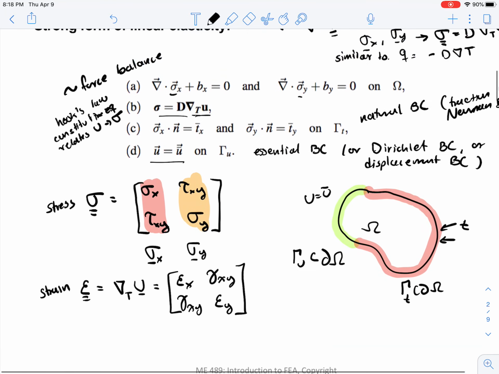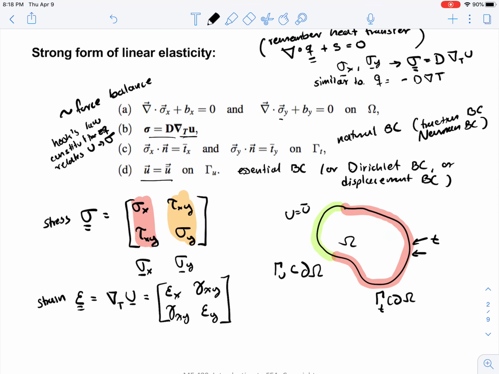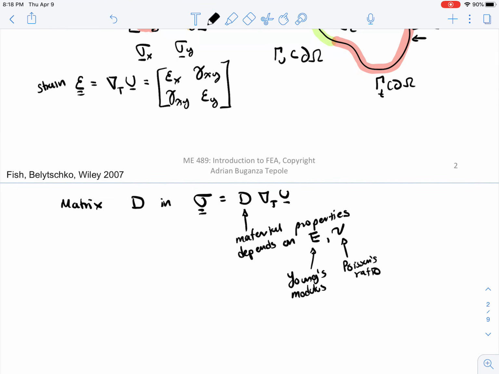One extra thing that I would like to point out is that writing the solution of the linear elasticity problem as the solution of these two problems is nice in the sense that it looks very similar to the heat transfer problem.